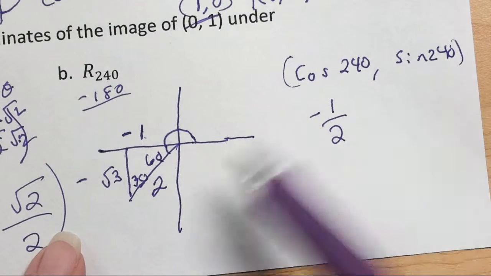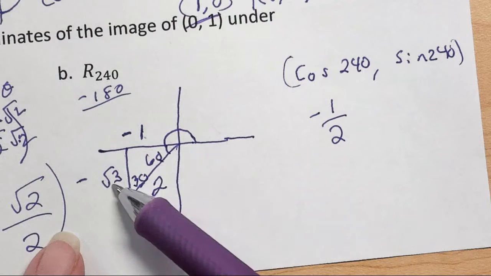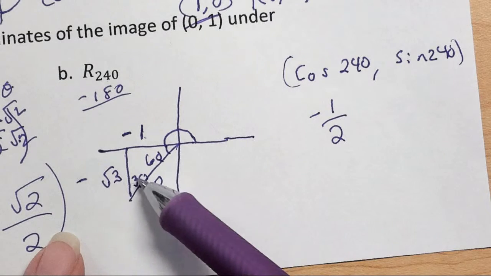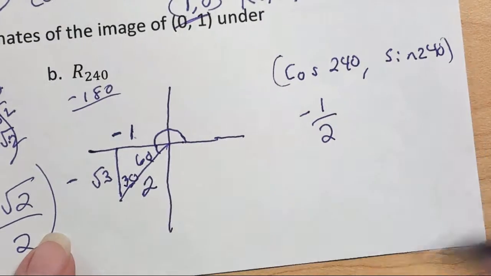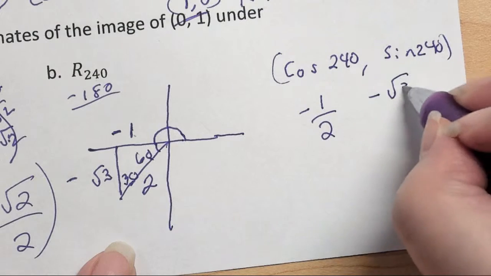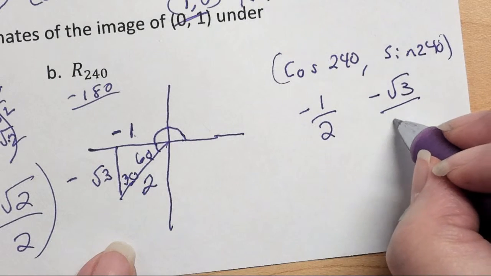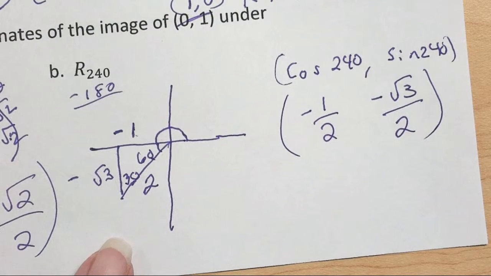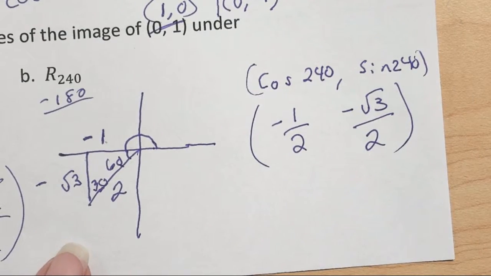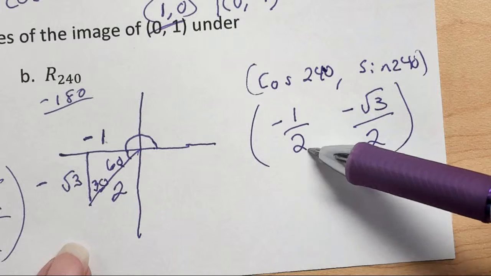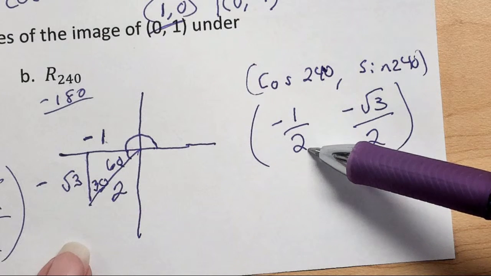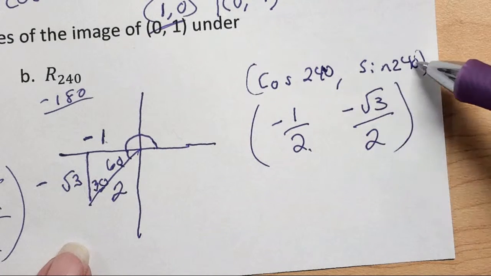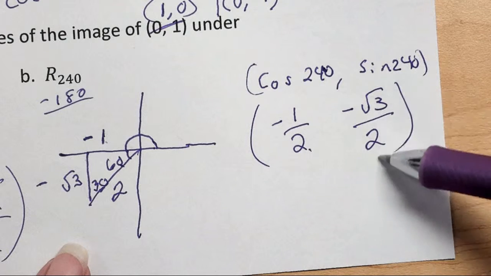Sine of 240 is opposite over hypotenuse, so I have a negative square root of 3 over 2. So I could ask you, what is the cosine of 240? And you could say it's negative 1/2. The sine of 240 is negative square root of 3 over 2.